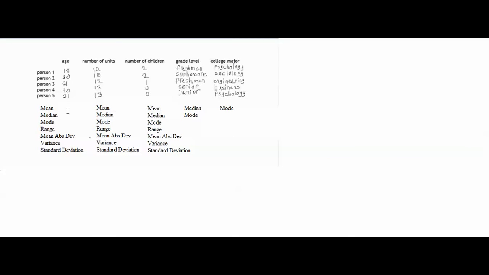I just wanted to show you how these values are calculated separately for each column of data in a spreadsheet. And I also wanted to show you which values can be calculated with a column of nominal data, which values can be calculated with a column of ordinal data, and which values can be calculated with a column of quantitative data. And I'll finish this video with a demonstration in Excel.